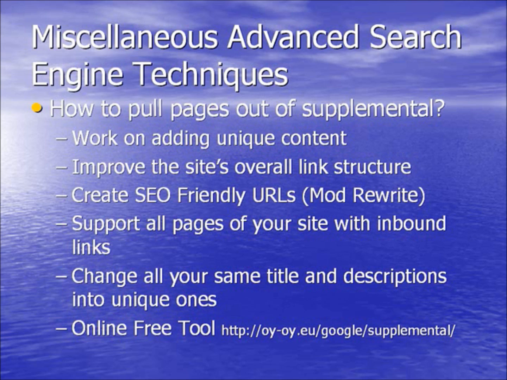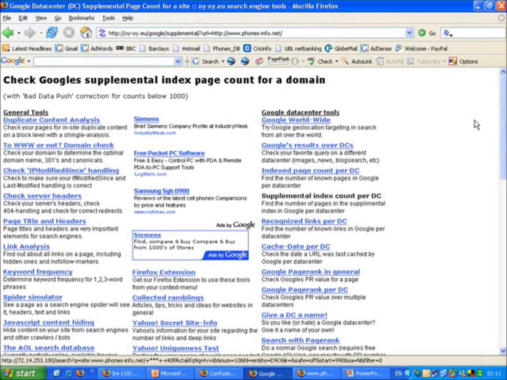If you want to find out how many pages of your website are in Google's supplemental or secondary index, you can use this free online tool which is available at this given address. Okay, here's the website. It says Google Data Center supplemental page count for a site.